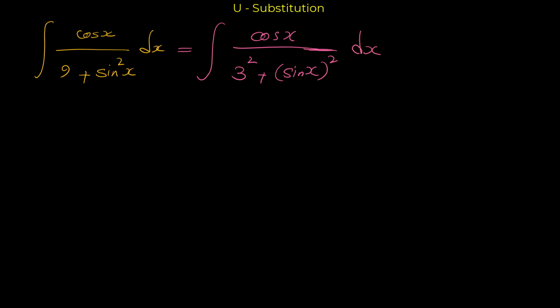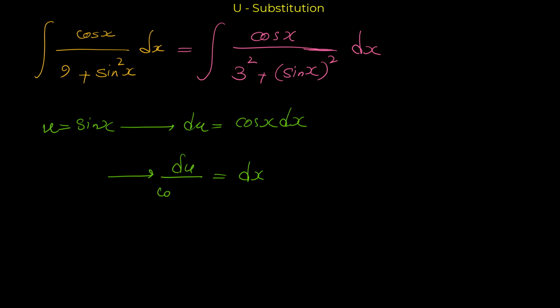Then, if I choose u as sine of x, du would be exactly cosine x, which I have in the numerator, so this substitution is going to work.